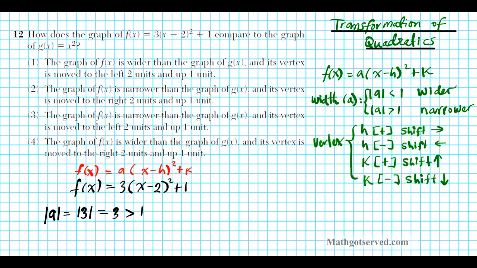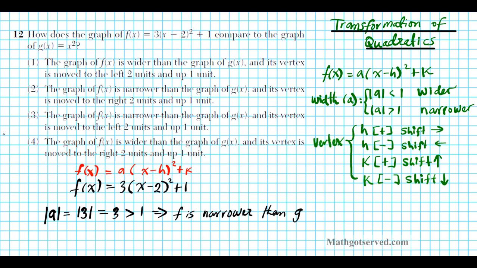So what does that mean? If it's greater than 1, that means that it's going to be wider. Okay, f of x is going to be, I'm sorry, narrower. F of x is going to be narrower because it's greater than 1. So f is narrower than the parent, than g.